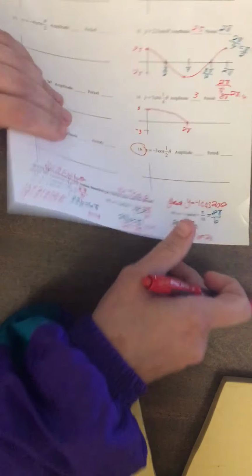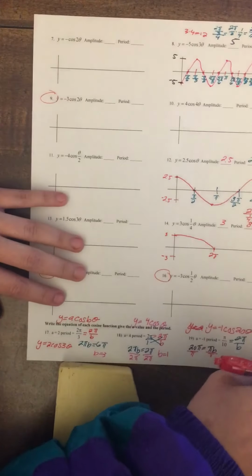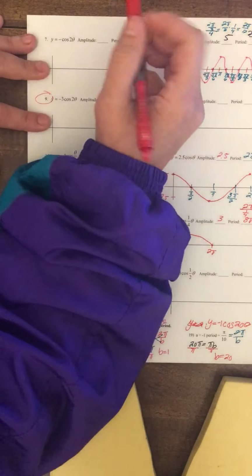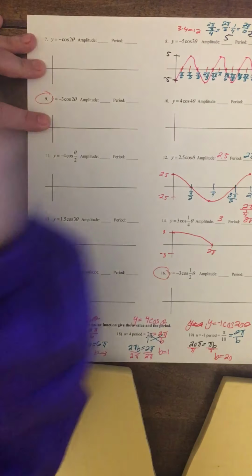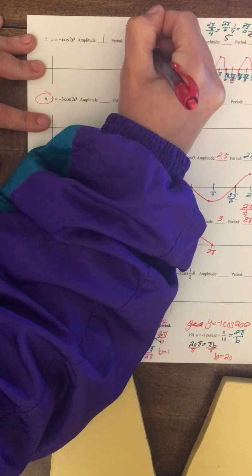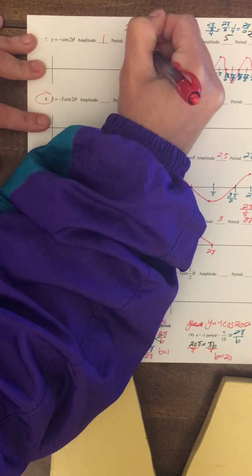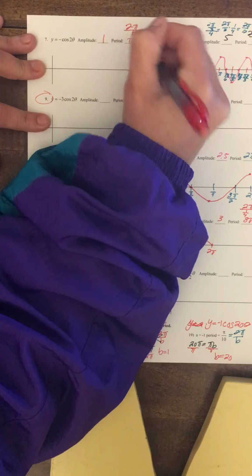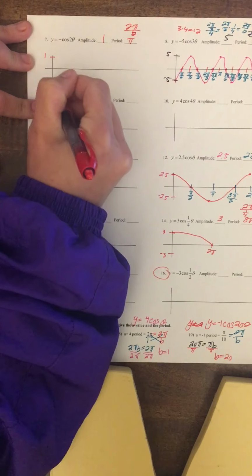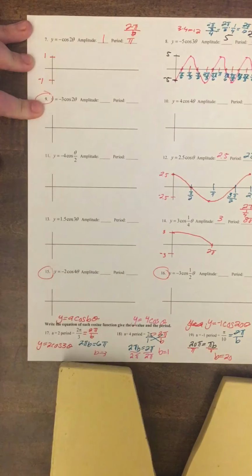I'm going to go ahead and work out 17 with those of you who feel like you just need an extra problem really fast. On 17, our amplitude is 1, and our period is 2 pi over b. And here our b is 2, so your period is just pi. So we'll start off with our amplitude, 1 here, -1 here.